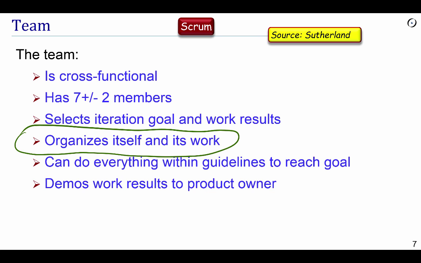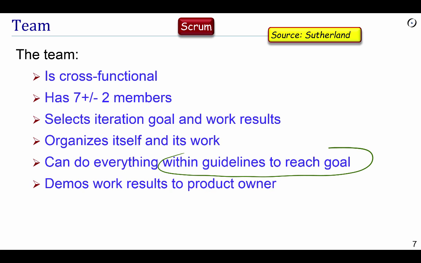The team can really do everything it likes as long as it thinks that is going to help reach these goals, and as long, of course, as what it does fits within the rules and guidelines that have been defined for the project.